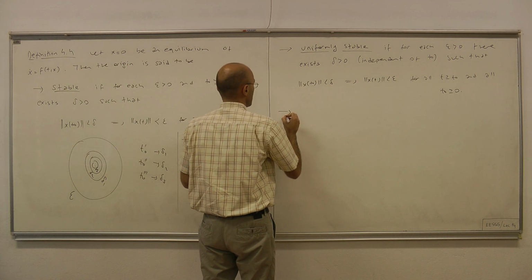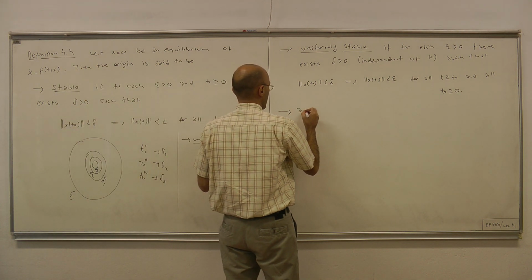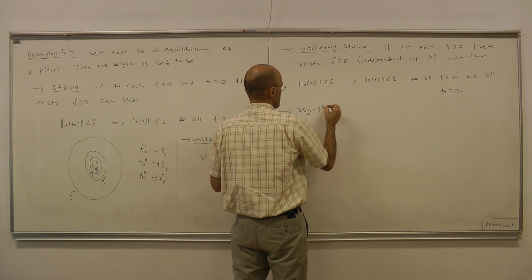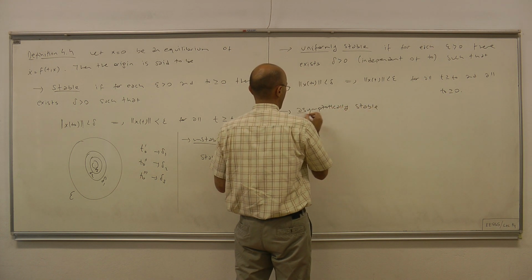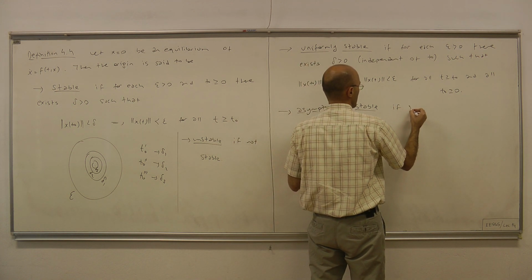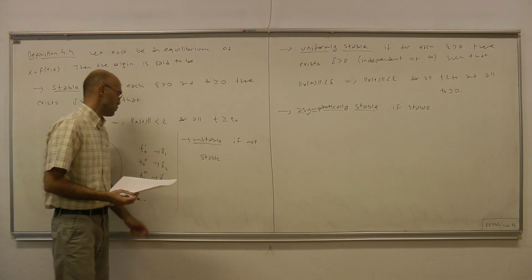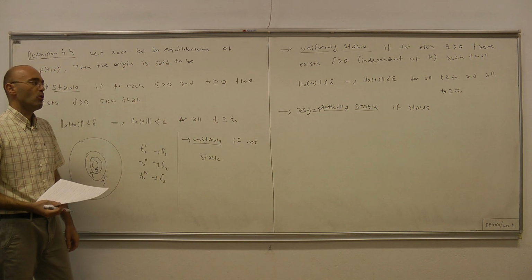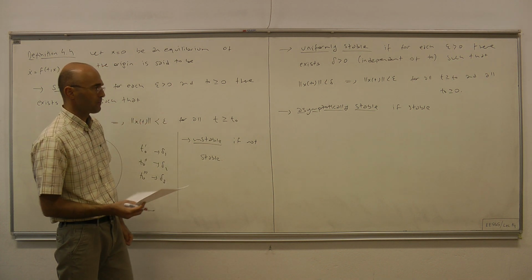And next is asymptotic stability. The origin is said to be asymptotically stable if it is stable. Furthermore, by choosing delta small enough, you can guarantee the solutions converge to the origin.